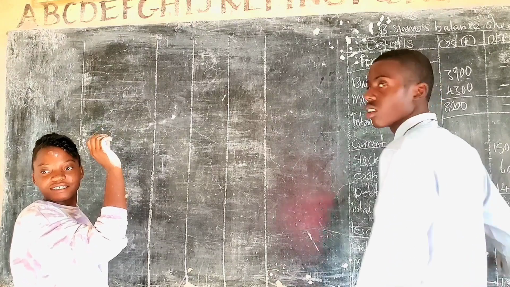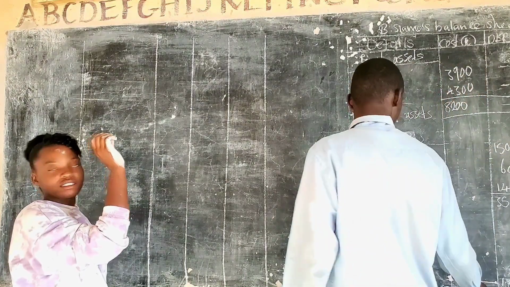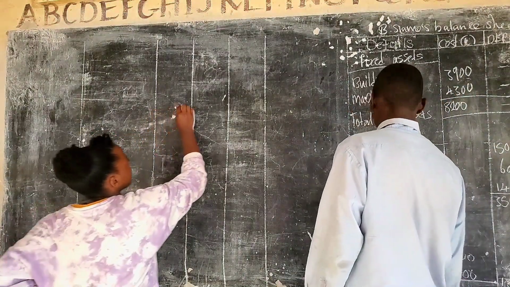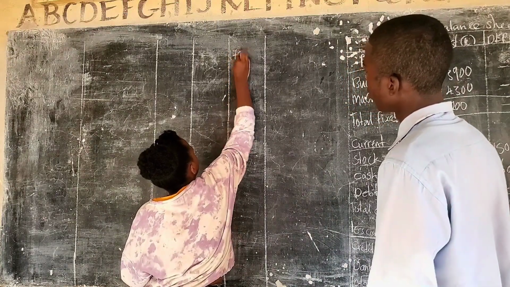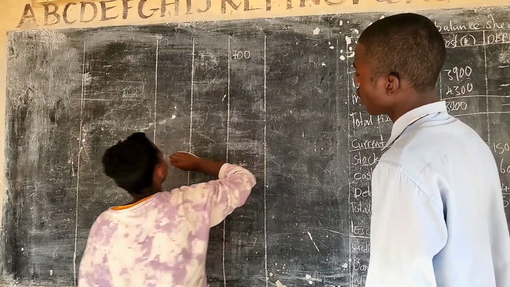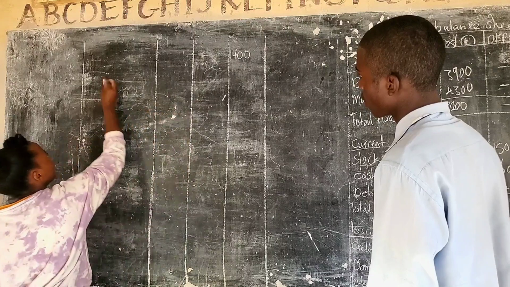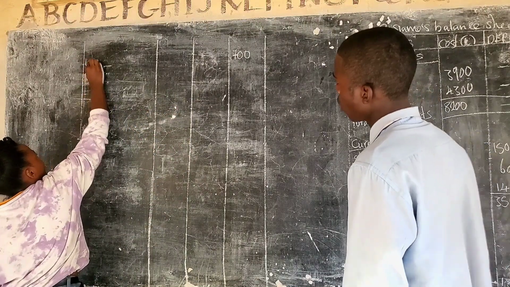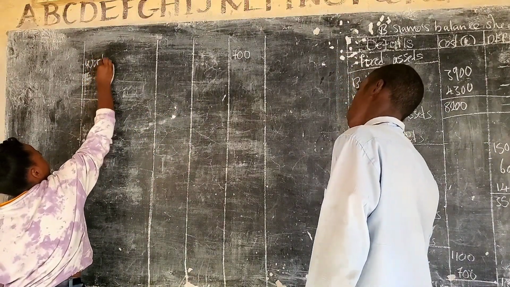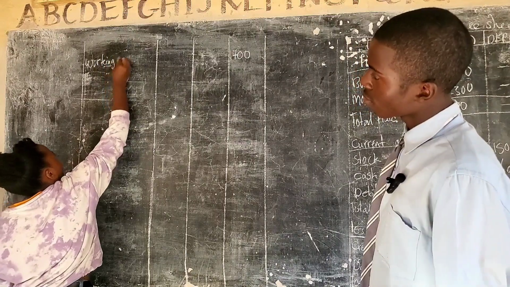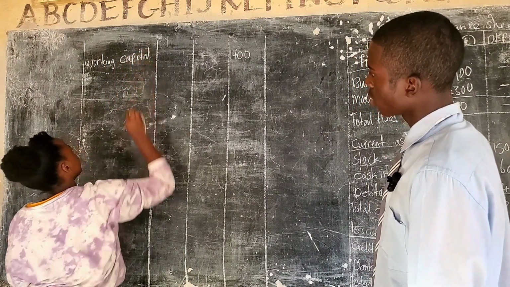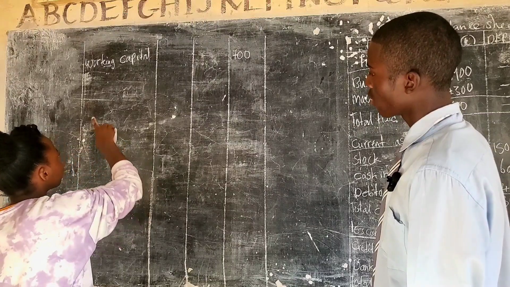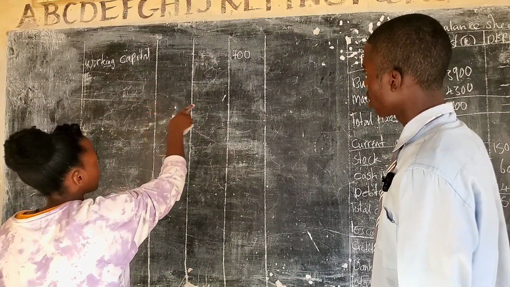How much is it? It comes here, 1,700. This will be the working capital.